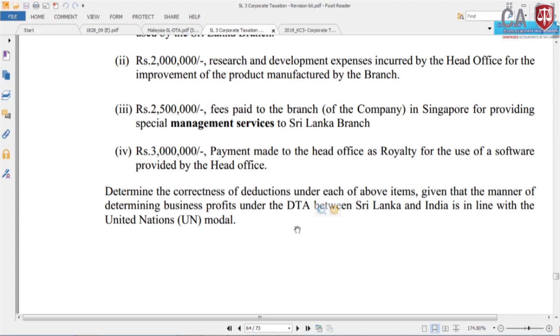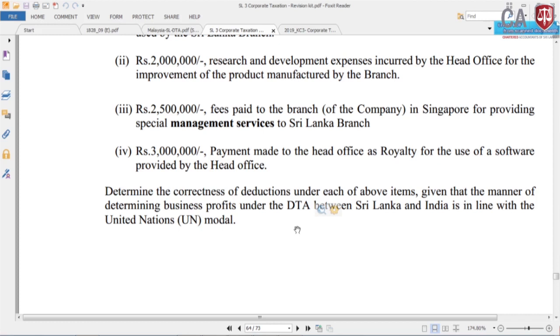That means the Sri Lanka and India double taxation treaty has a design aligned to the UN model. Therefore, it is asking, based on the double taxation treaty between Sri Lanka and India, whether these expenses can be deducted or not. That's the question.